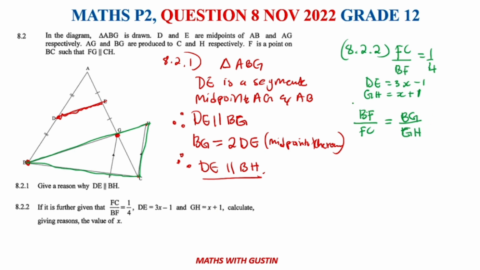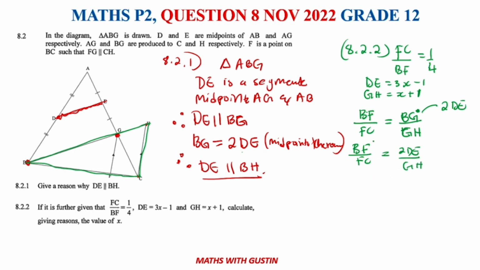However, we know from the previous question that BG is equal to twice DE. So I'm just going to substitute here. So we know that this is also equal to twice DE. Now let me write it properly here: BF all over FC is equal to twice DE all over GH.